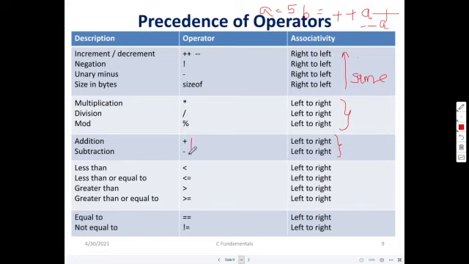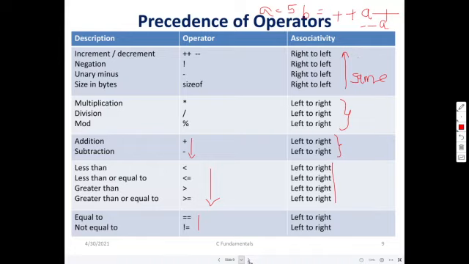These both have the same priority, and all these relational operators and logical operators will have left to right, same precedence. Okay, and here this is also a relational operator, equal to and not equal to. So we use an exclamation mark with equal to, then it is called not equal to.